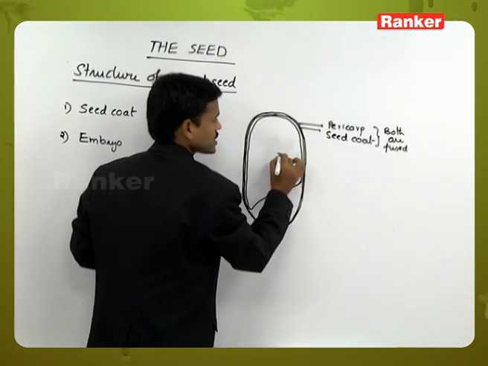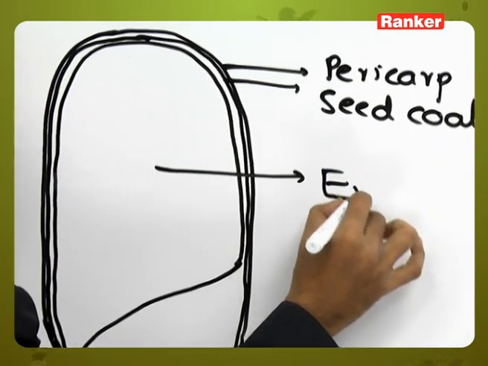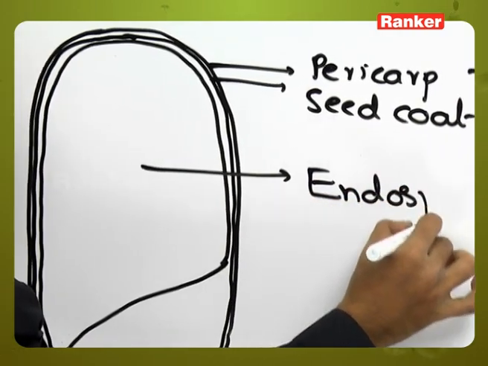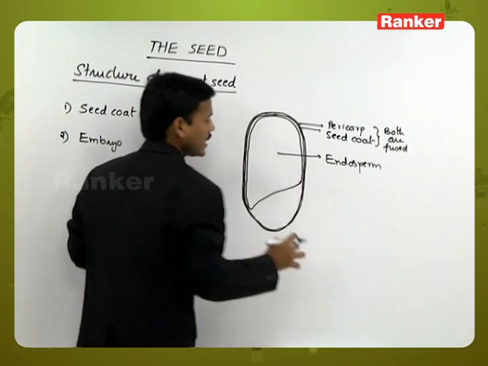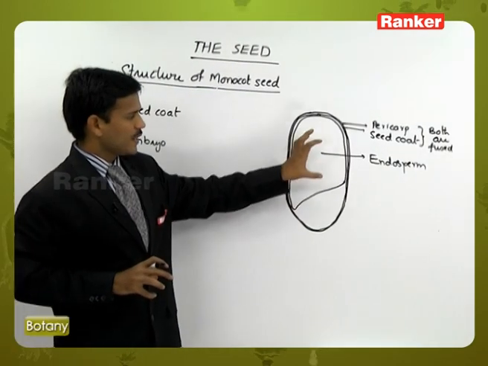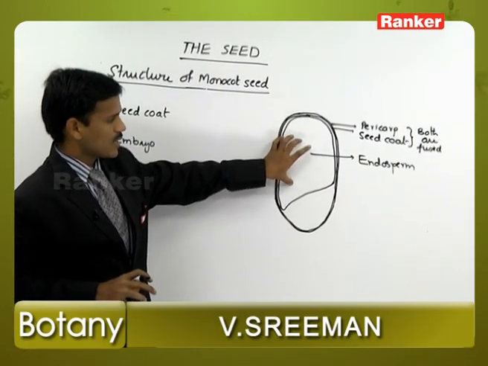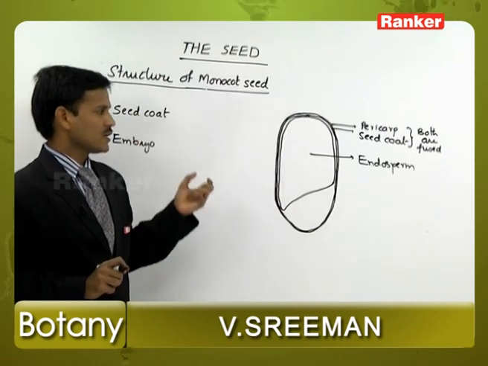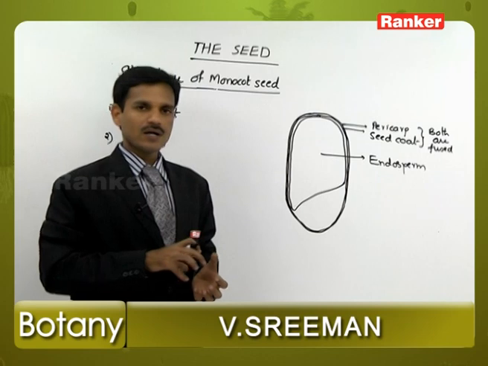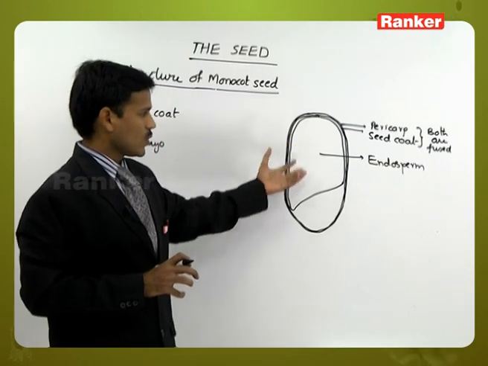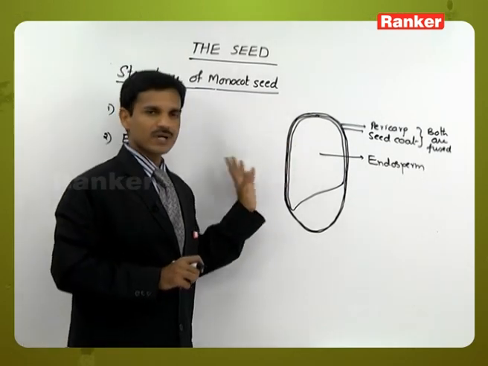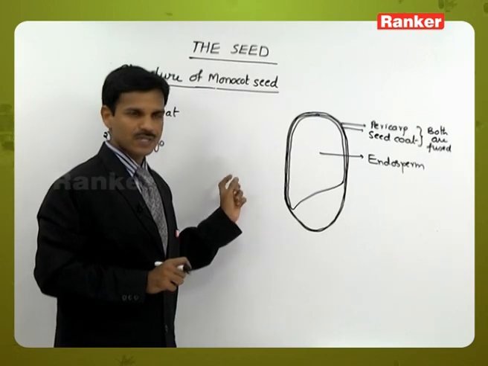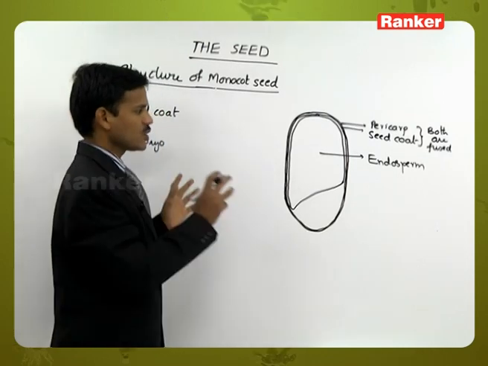The major portion is endosperm. In monocot seeds, the endosperm occupies the major part and it is nutritious, storing food material. Endosperm is present in almost all monocot seeds. These are endospermic seeds or albuminous seeds.